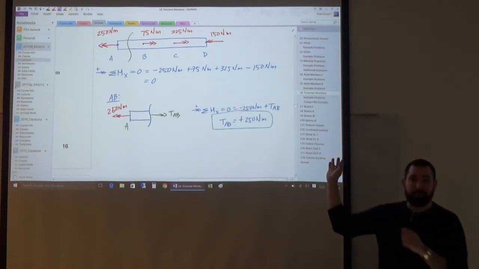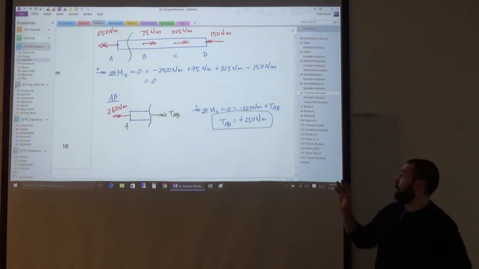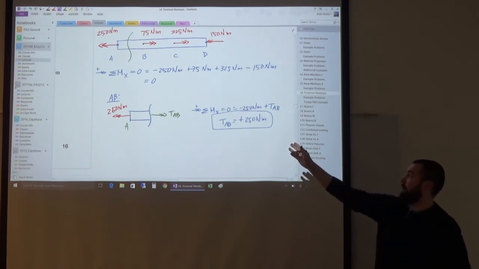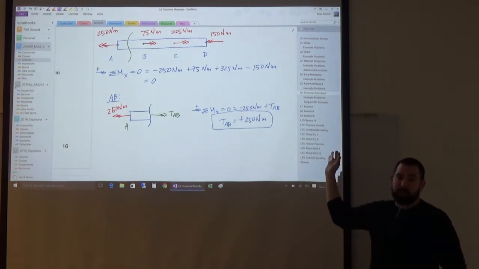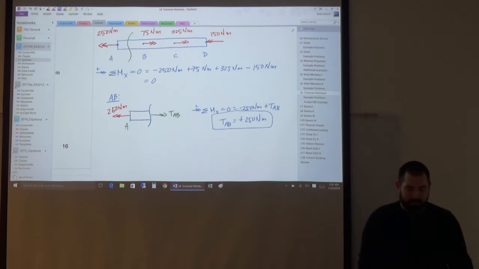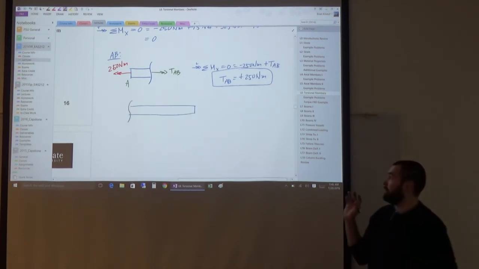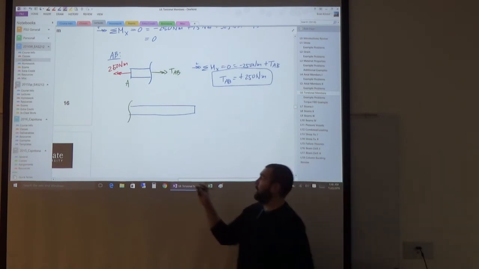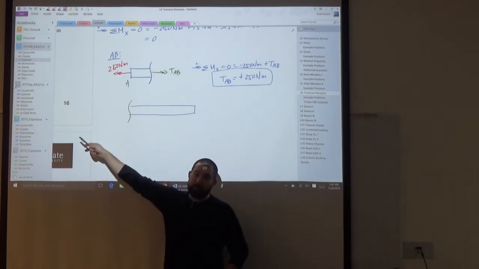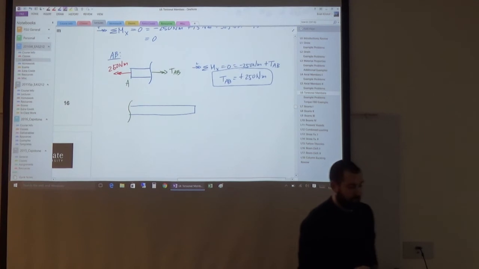You can do that for the other section cuts as well too. And keep in mind, if I made that section cut between A and B and I kept everything to the right of the section cut, I would get the same exact answer if I follow the same sign convention, which means if I kept everything to the right of that section cut, here's my section cut, my assumed direction for the internal torque would be away from the section cut, which means to the left here.